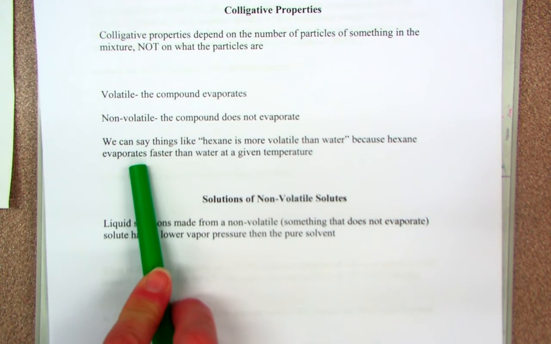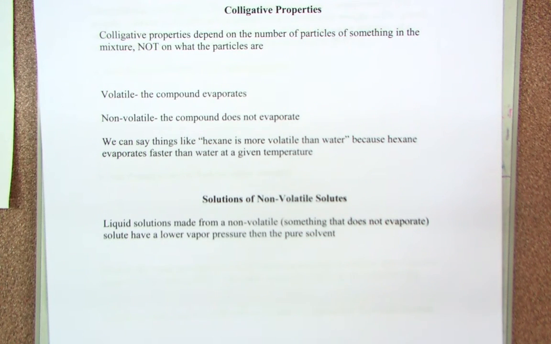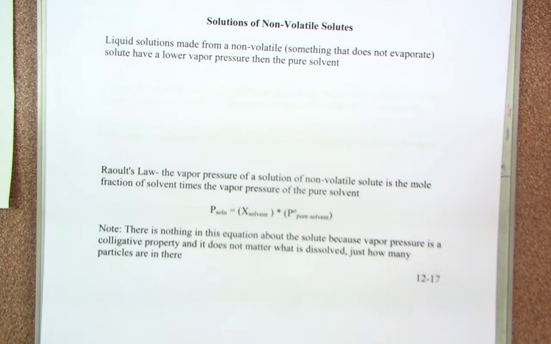So we can also say things like hexane is more volatile than water because hexane evaporates faster than water at a given temperature. So now we're going to start looking at the effect that we have of solutions of non-volatile solutes. Liquid solutions that are made from a non-volatile solute have a lower vapor pressure than the pure solvent.